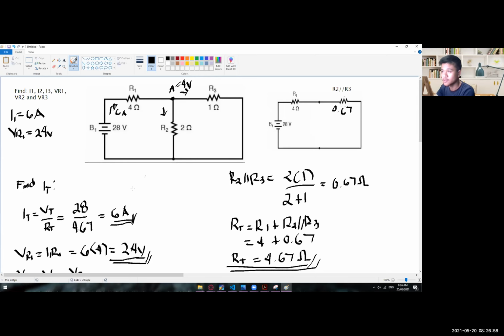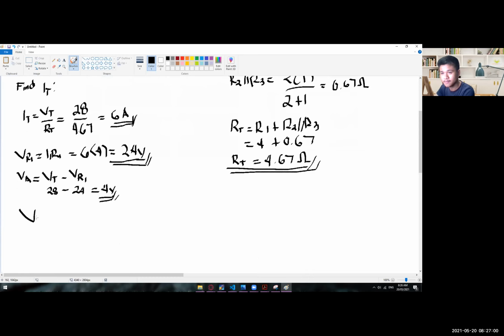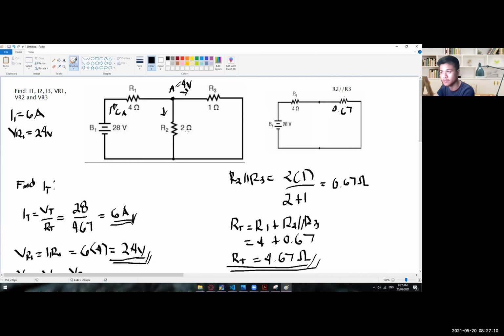So that is why we could already assume that VR2 is equal to 4 volts, and at the same time, VR3 is equal to 4 volts. Because we already know that we have 4 volts that will pass through here, and then another 4 volts that will pass through here, and then going back here will be 0. Okay.